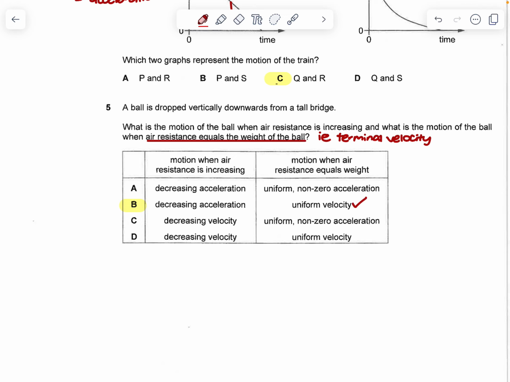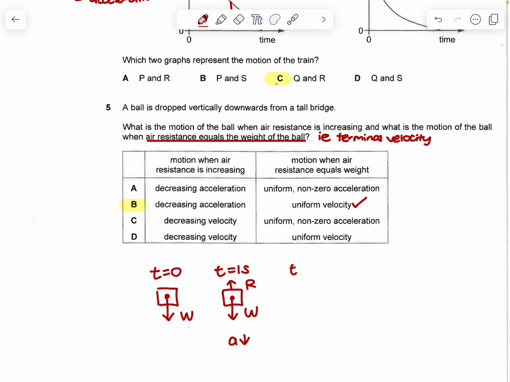Okay. And as it's falling through the air, we can have a quick example. When t equals 0, it's first dropped. What we only have is the weight. As t equals 1 second, you start to have a little bit of air resistance. So acceleration is actually starting to decrease.